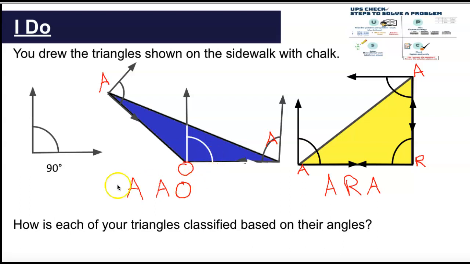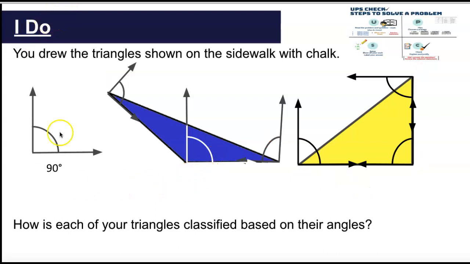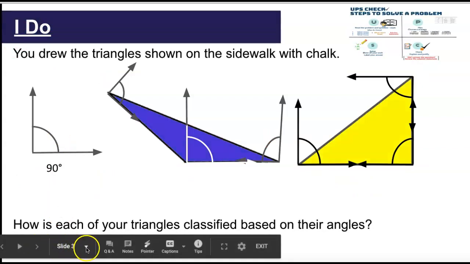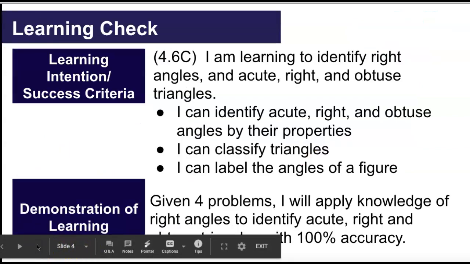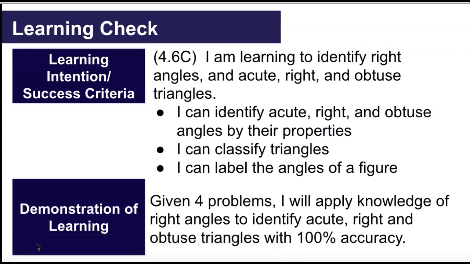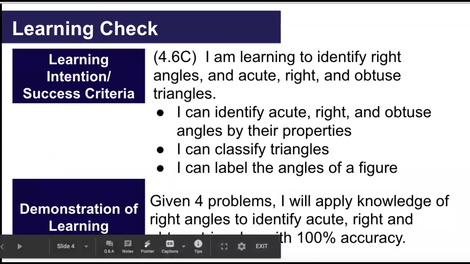Now, let's do a quick check to see if we have covered our information for today. Our learning intention says, I'm learning to identify right angles, acute and obtuse triangles. Did we cover it? Did we identify right angles?